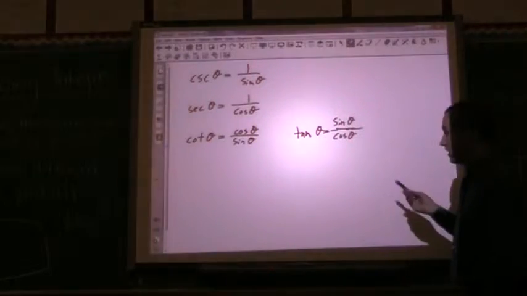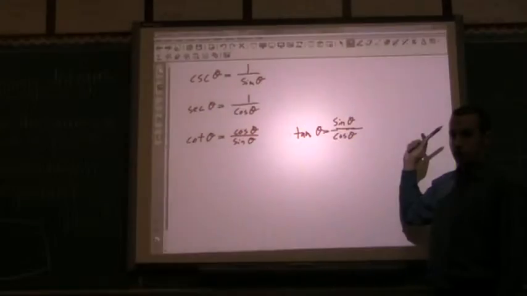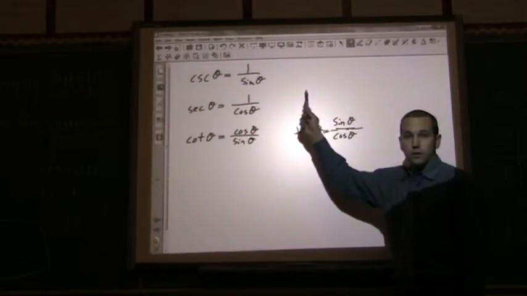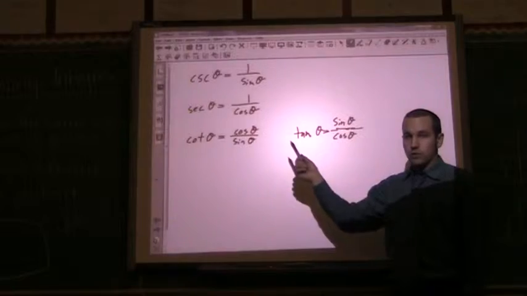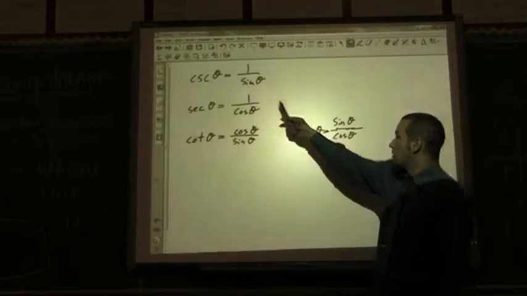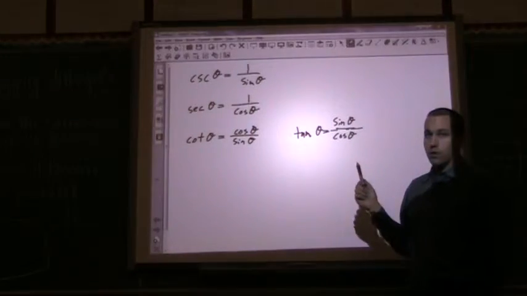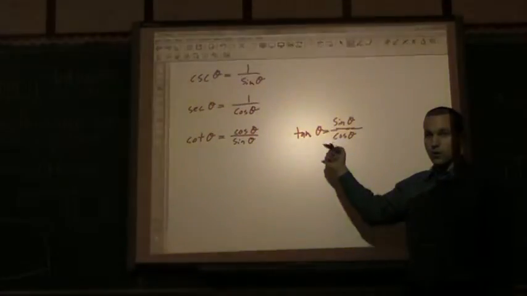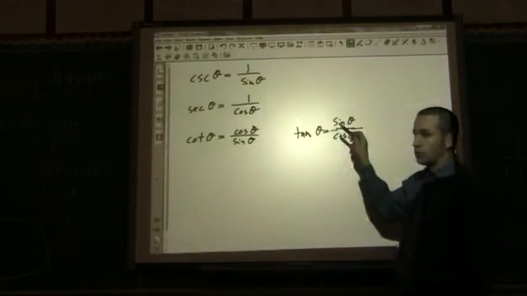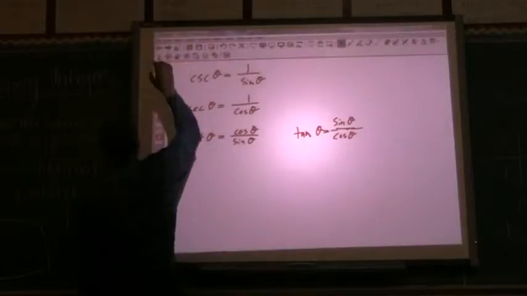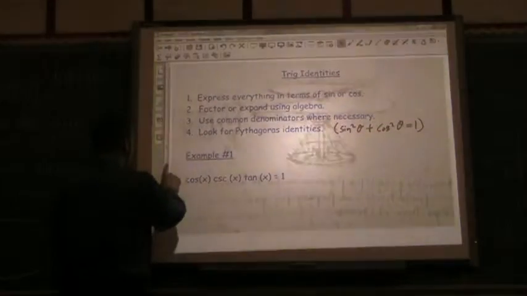So before I even begin, and of course, you probably don't have this memorized since you're just starting into it, I would have that on another sheet of paper just off to the side. So when you go to change everything in terms of sine and cos, you can go right away and look and say what each one is. Okay? So I'm going to be just doing them because I know them, and you should have that list written somewhere. So let's go back and do example 1.